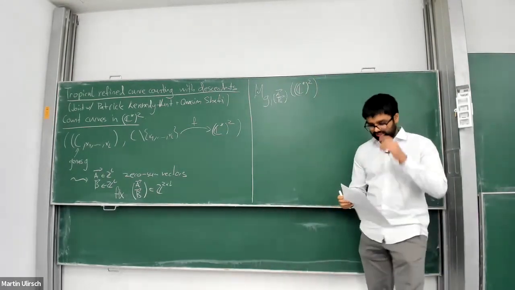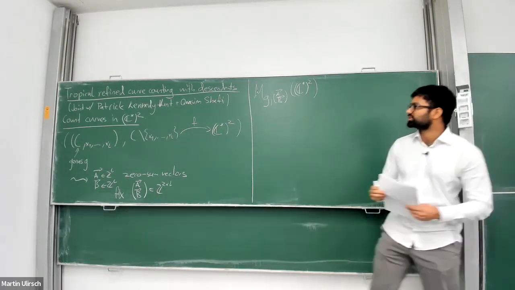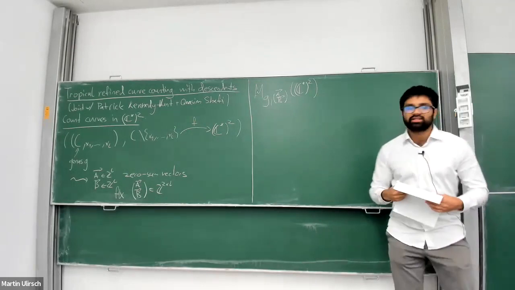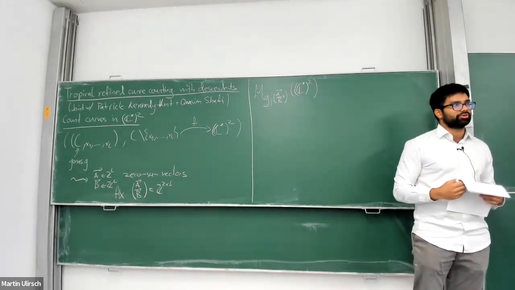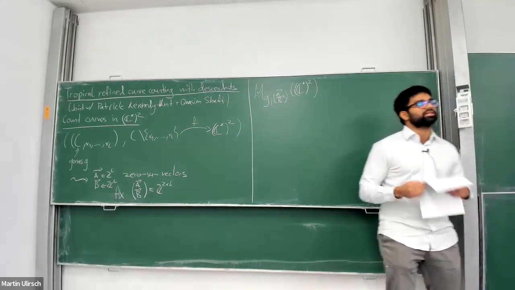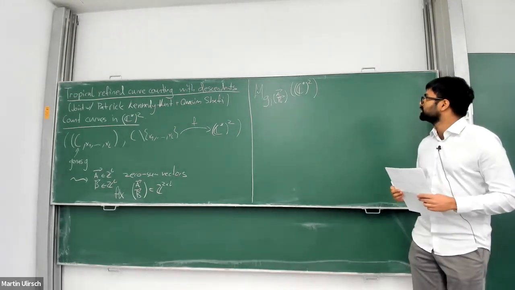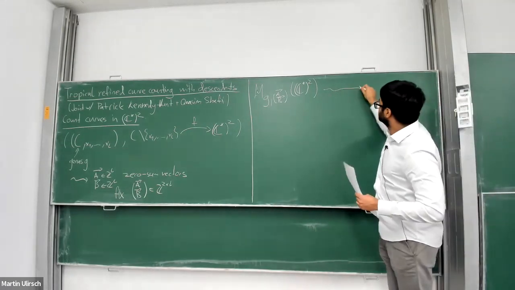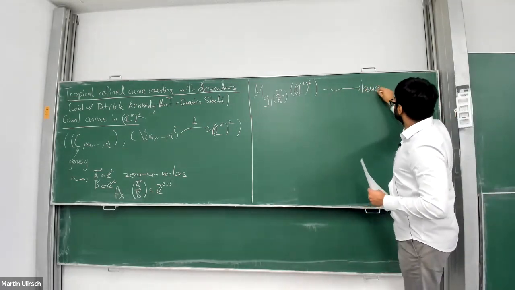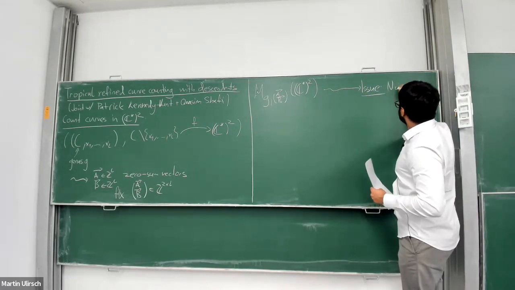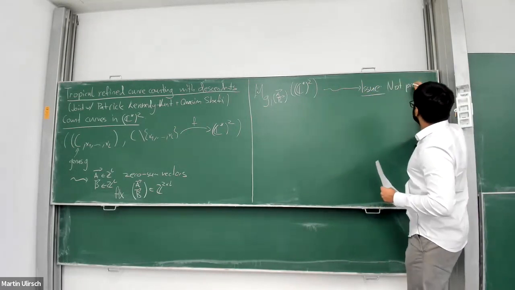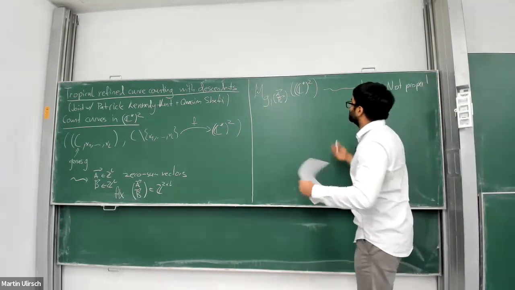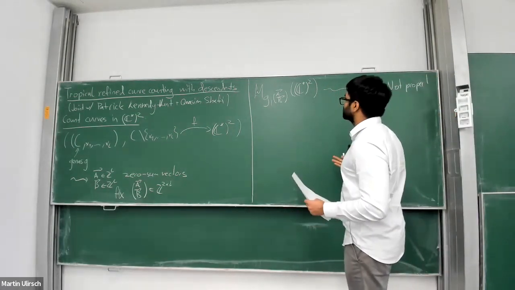And as usual in enumerative geometry, I said I want to count curves, so I want to extract somehow numbers out of this moduli space. The usual way we do this in enumerative geometry is to try to integrate over that moduli space. But there's an issue here because this moduli space is not proper. So I need some type of compactification.